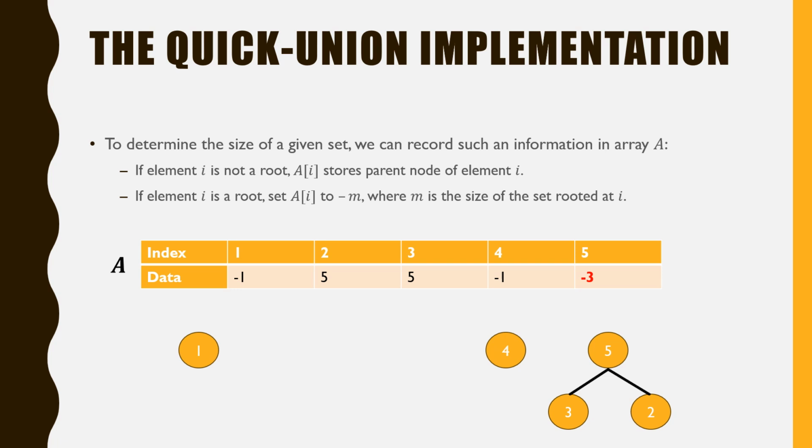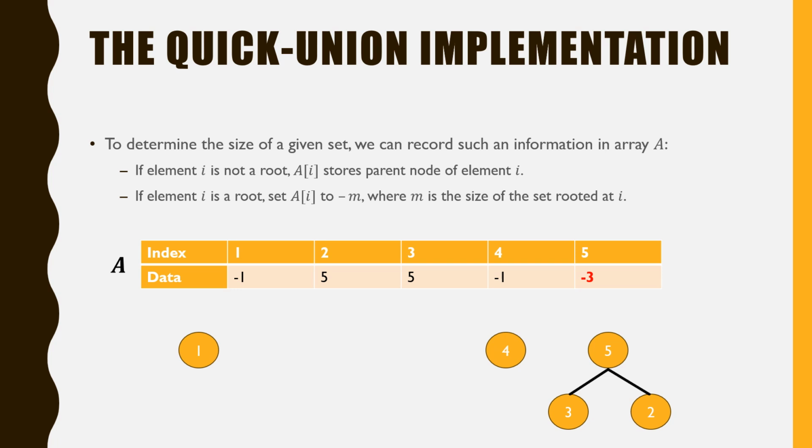To efficiently perform smart union, we need to track the sizes of the sets. We store these sizes in the array entries corresponding to the root nodes. Specifically, if Si is the root of a disjoint set with size m, we set A[Si] to negative m.